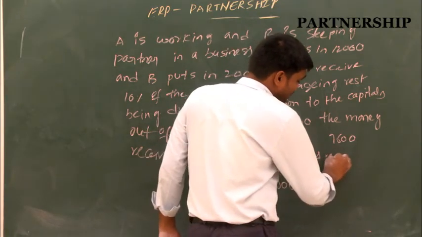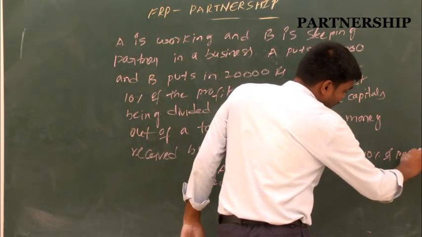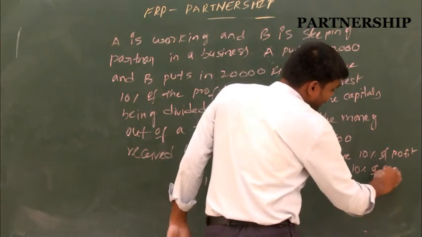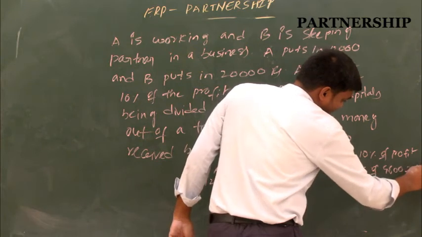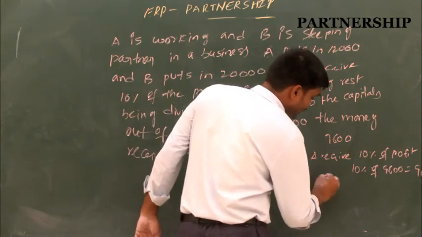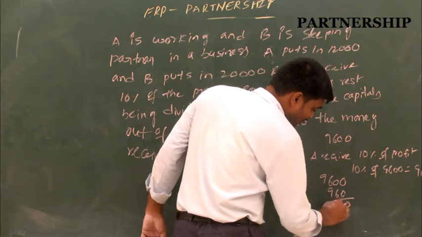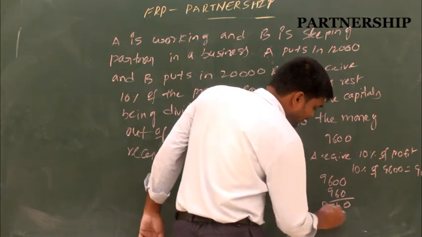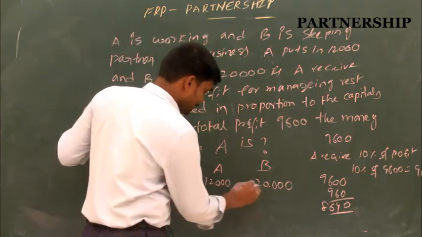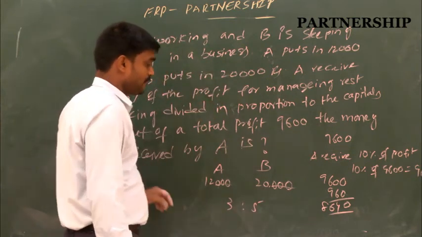So 10% of 9,600 is 960. The remaining profit is 9,600 minus 960, that is 8,640. That is divided in 3:5.